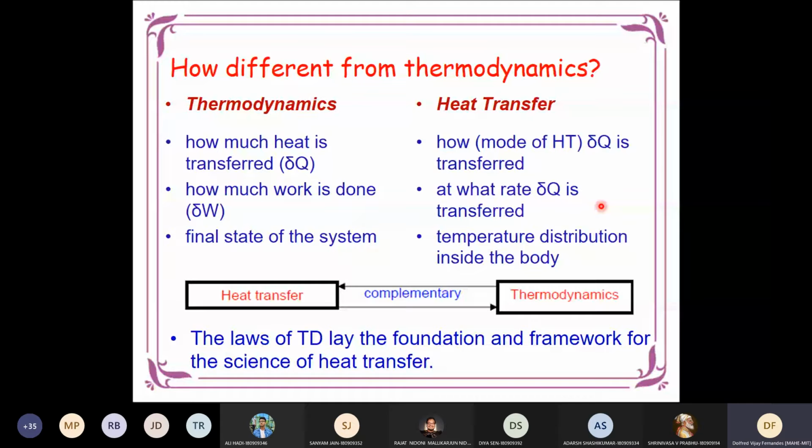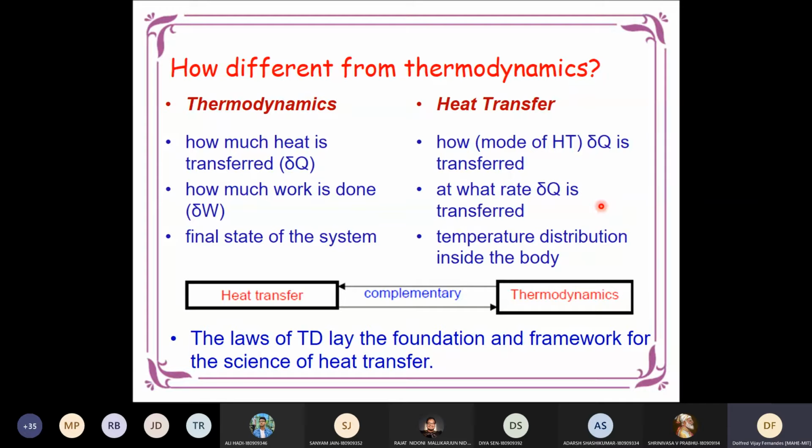And again, the main difference here is in thermodynamics. If I estimate the efficiency of a cycle, that's it. I cannot do much to improve the efficiency.